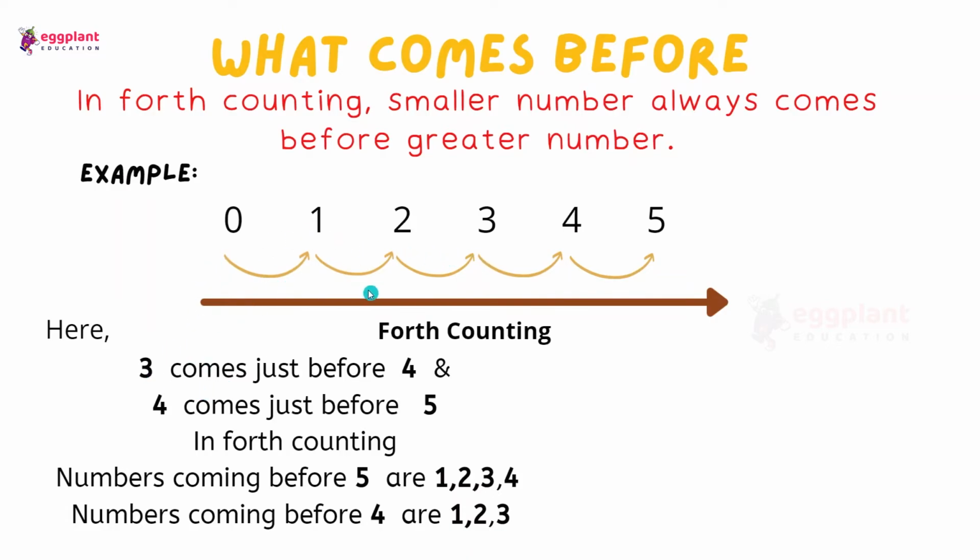Let's see number 3. Look at this 3 here. The 3 comes just before 4. Yes, 3 comes just before 4 and 4 comes just before 5. In forward counting, the numbers coming before 5, what are the numbers we have here? 0, 1, 2, 3 and 4.